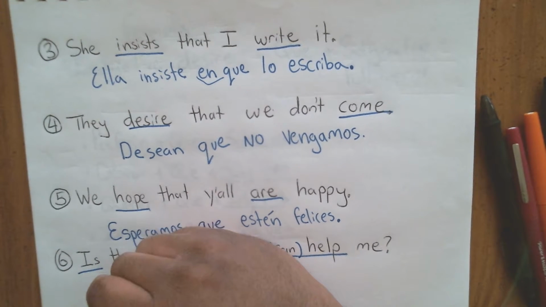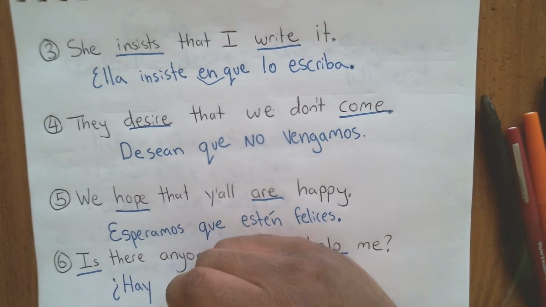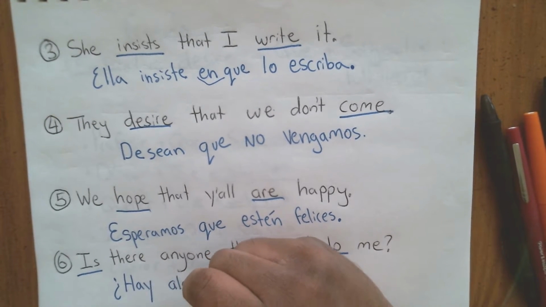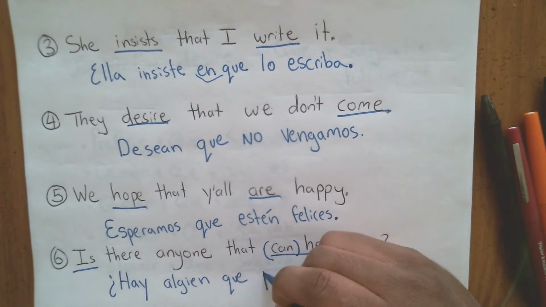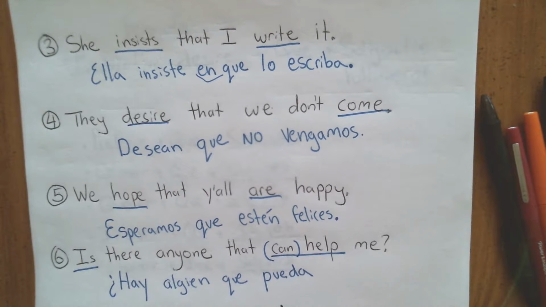So remember, when you're asking a question in Spanish, open up with the upside down question mark. It's important not to forget that. Is there anyone? Hay alguien que pueda, not puede, because we have to use the subjunctive.